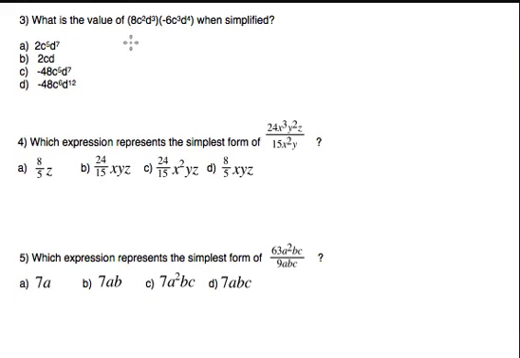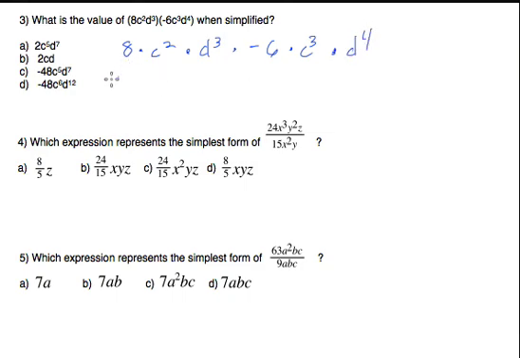And what is the value of 8c squared d cubed times negative 6c cubed d to the 4th when simplified? Same type of problem. We're going to write it out the long way. 8 times c squared times d cubed times negative 6 times c cubed times d to the 4th.